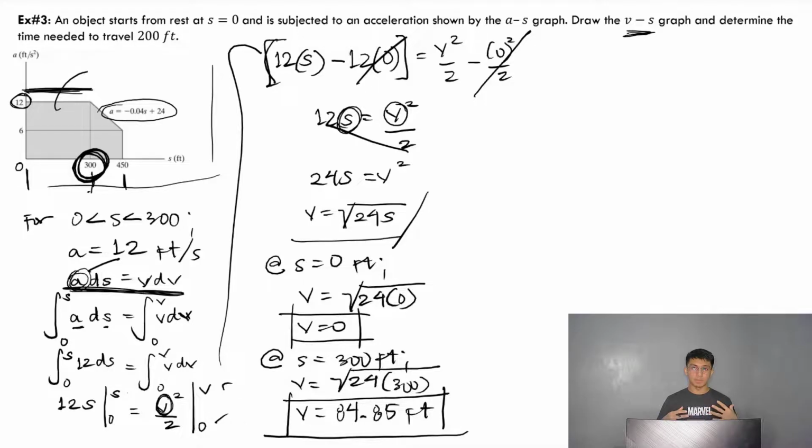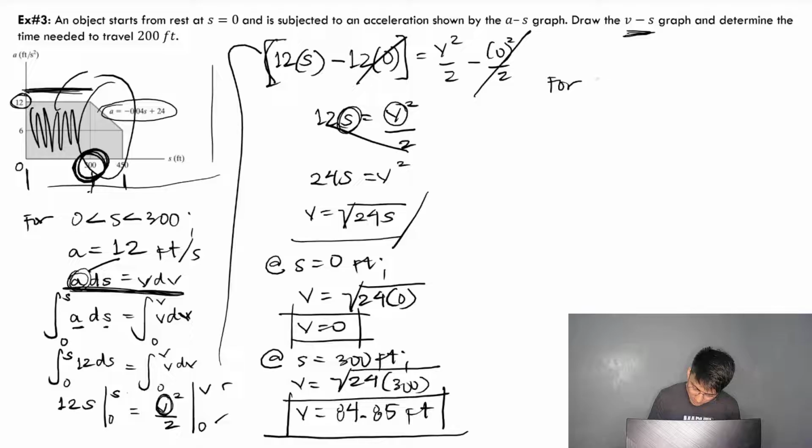Okay, pero hindi pa tayo tapos kasi unang part pa lang ito ng motion. Meron pang pangalawa. Sa pangalawa, for, let's say, 300 less than S less than 450 feet, meron tayong given na equation ng acceleration.